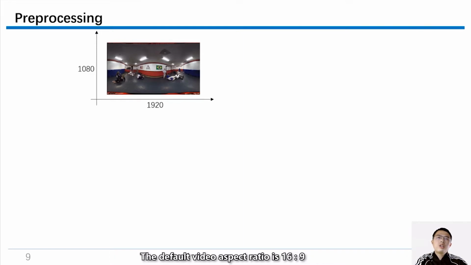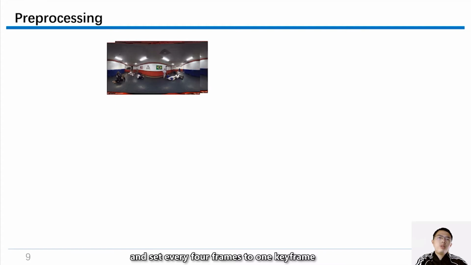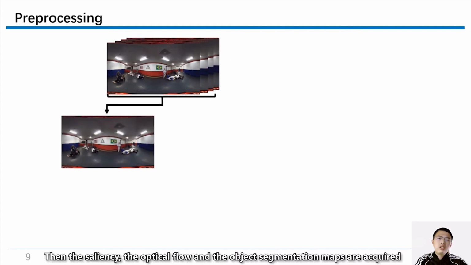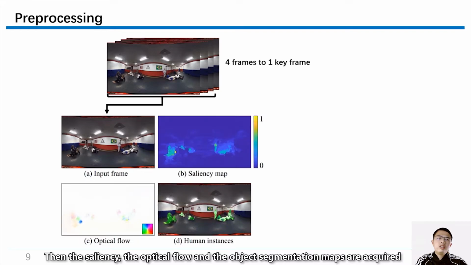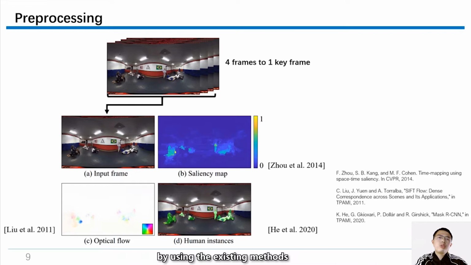The default video aspect ratio is 16:9. During preprocessing, in order to improve the computational efficiency, we uniformly resize the input video to a width of 360 pixels and set every 4 frames to 1 keyframe. Then the saliency, the optical flow, and the object segmentation maps are acquired by using existing methods.